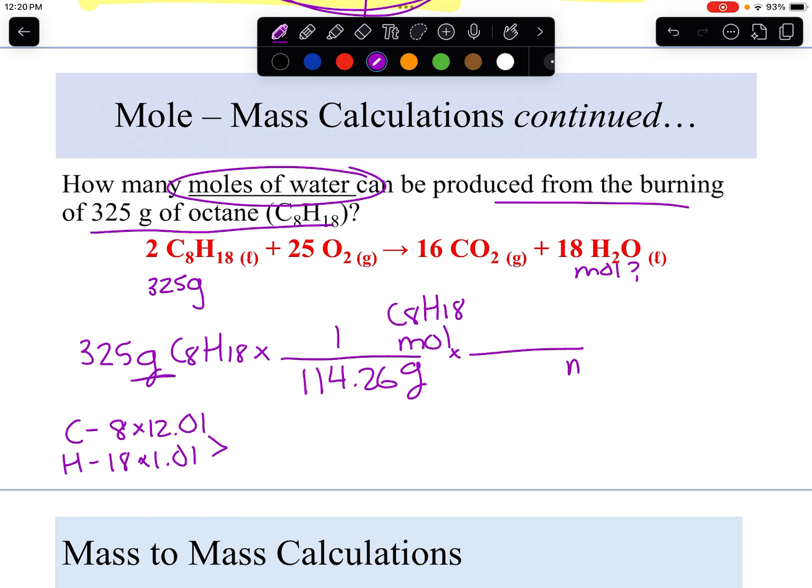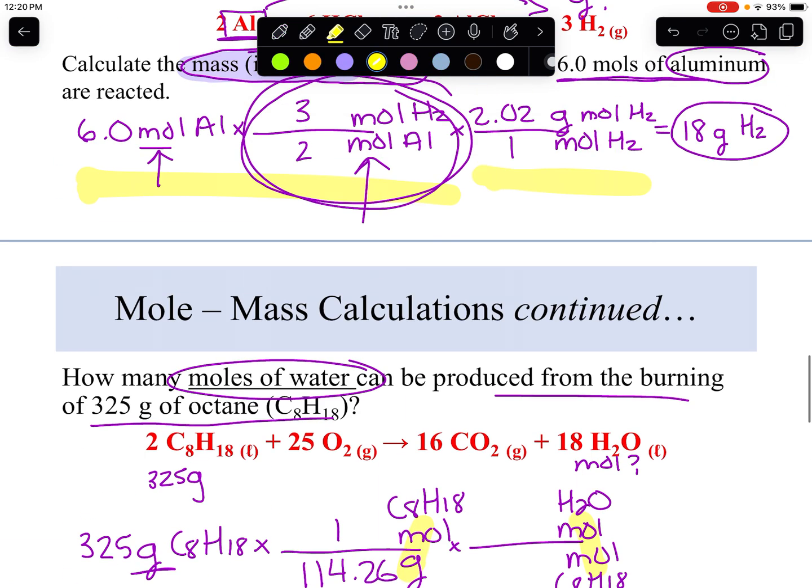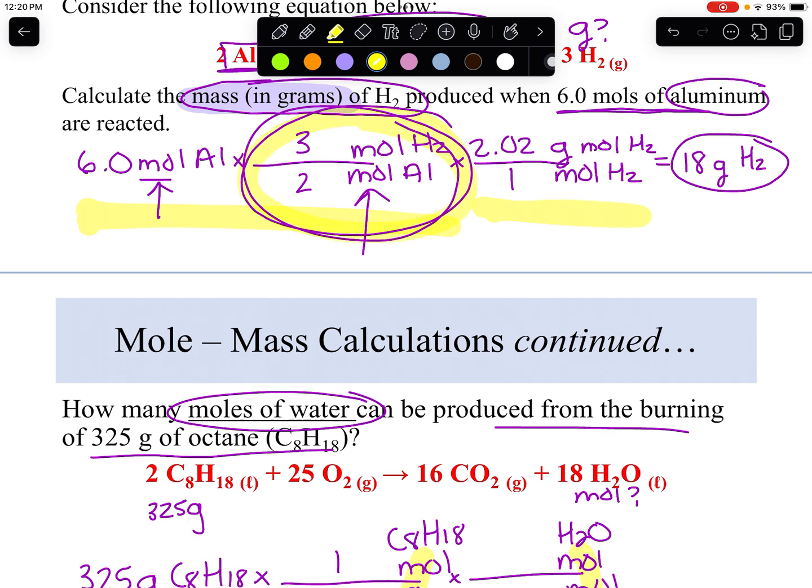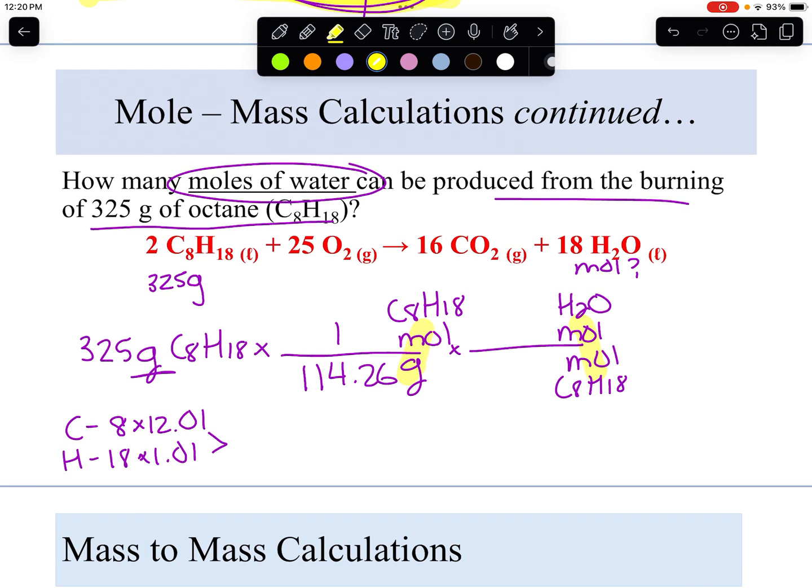So moles of this C8H18. I'm going to go ahead and put that on the bottom. And now I can go ahead and do my mole ratio step to get to moles of water. So do you see here, I had to first go from grams to moles, and then I can do this mole ratio step. Okay, so please look at how these are different.